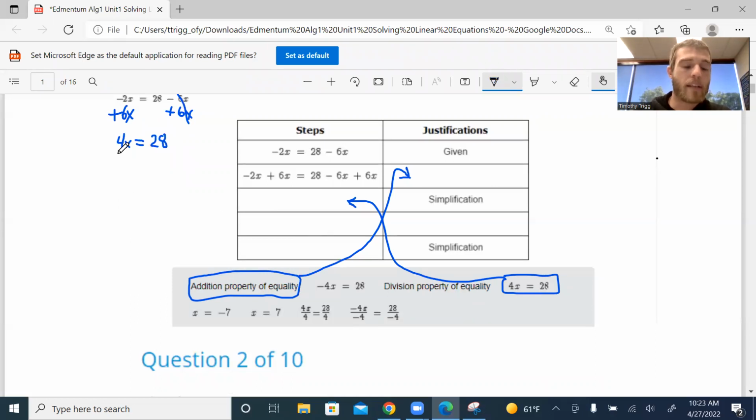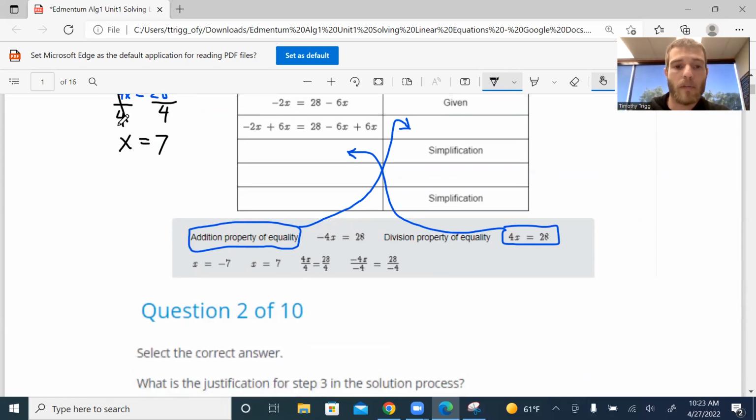All right, I'm going to change colors so that hopefully we get less confused. The next step, hopefully you could see, we would divide by 4 on both sides of the equation to cancel this 4, leaving us with just x on the left. 28 divided by 4 is 7. So we divided on both sides, so that's the division property of equality. That would go here.